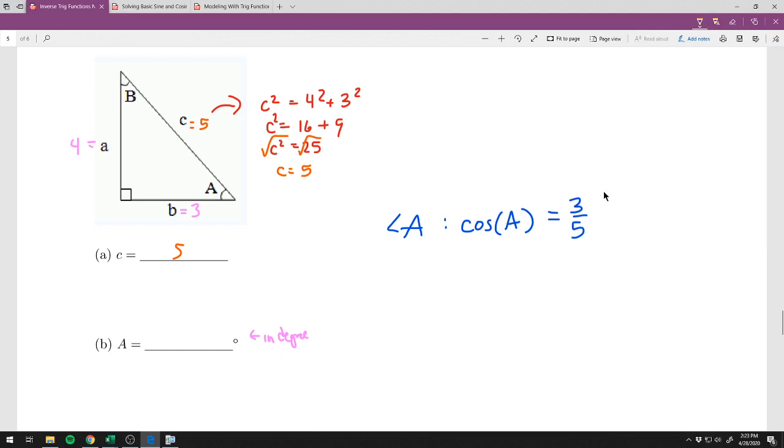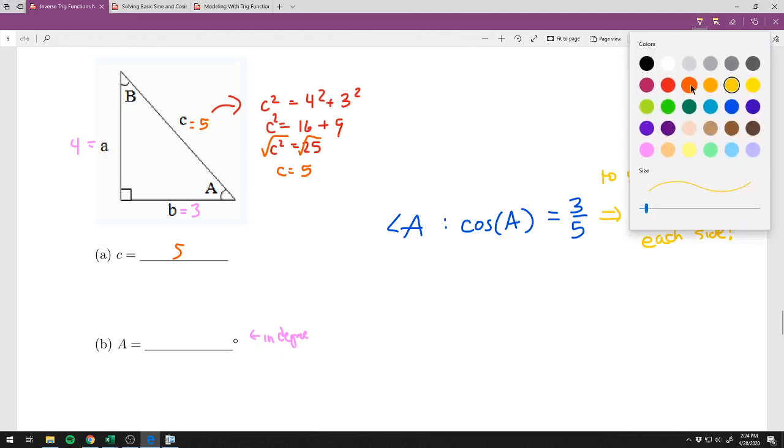Now, what happens here to get A by itself, to get cosine to go away? What we do is we do the cosine inverse of each side. Inverse functions make the regular function go away.